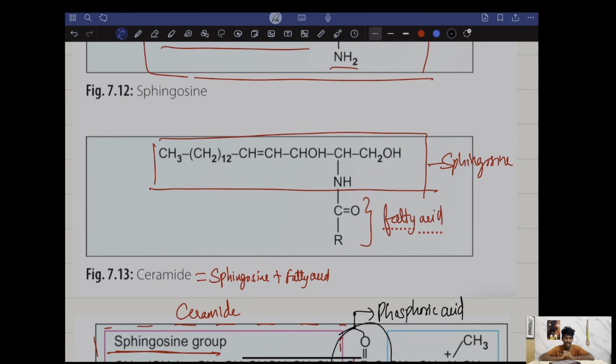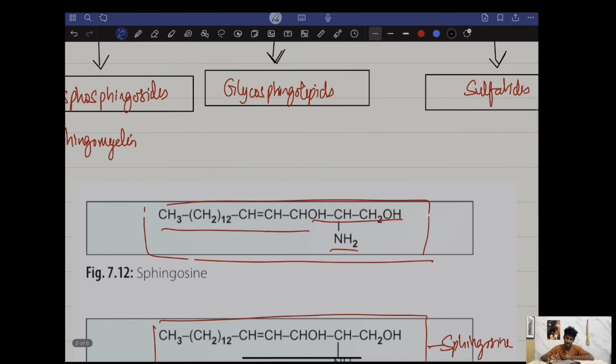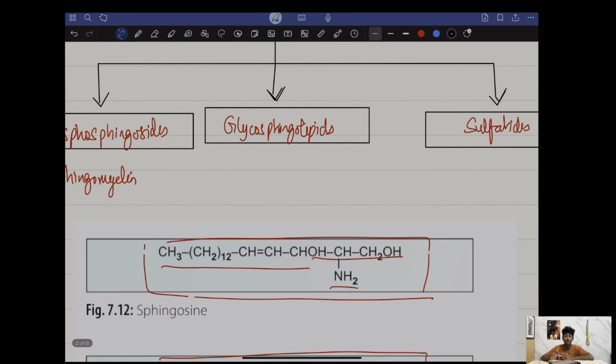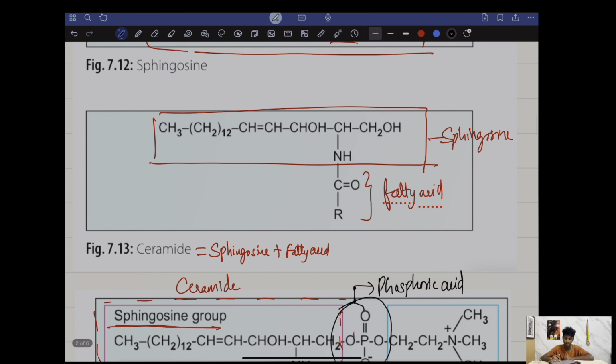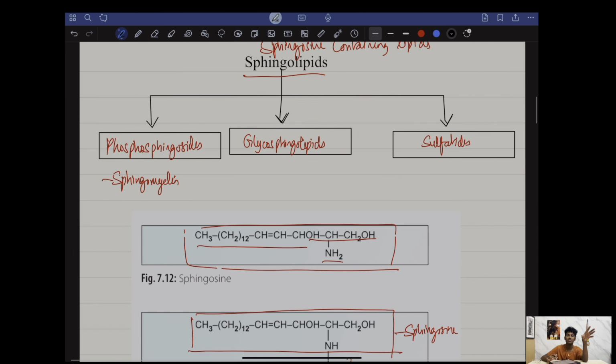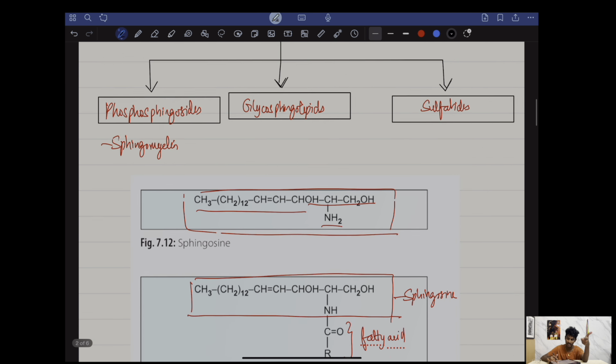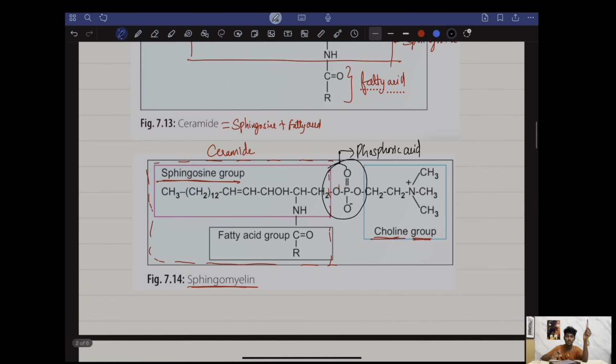But the ceramide is a variety of glycosphingolipid, which we will be discussing. Here we are discussing the classification of sphingolipids, under which we have the phosphosphingosides, glycosphingolipids, and the sulfatides. In the phosphosphingosides, it is only the sphingomyelin which has a phosphoric acid group.